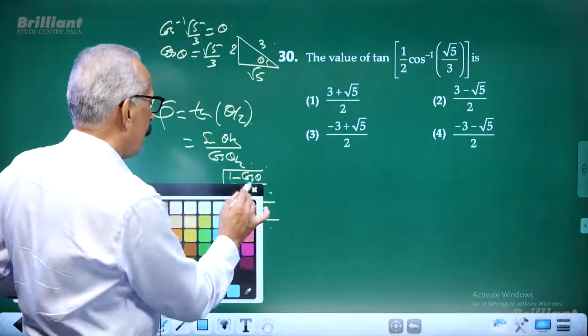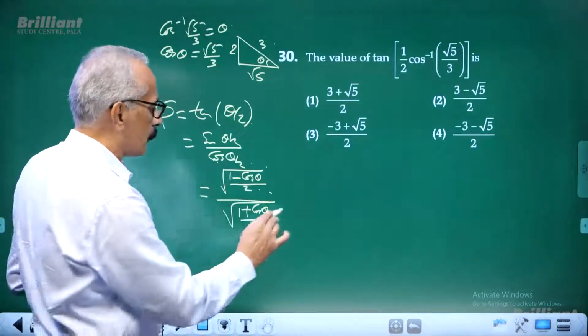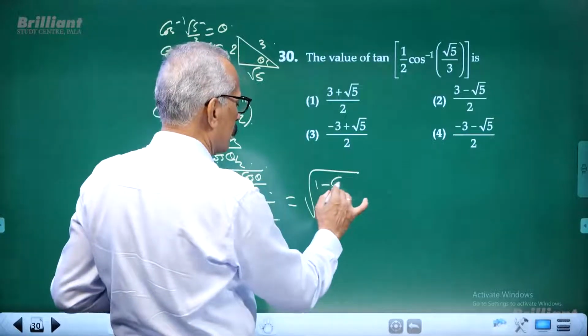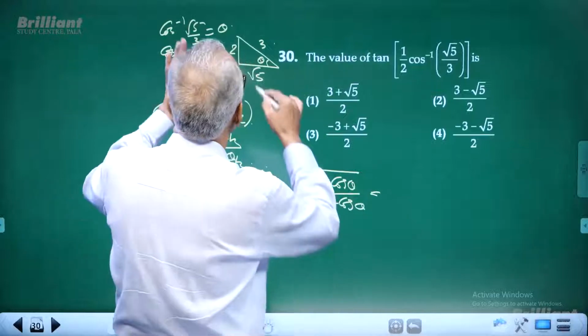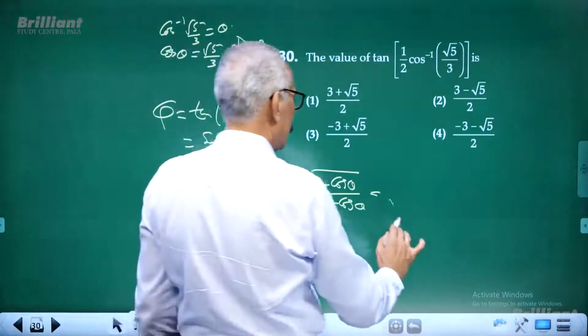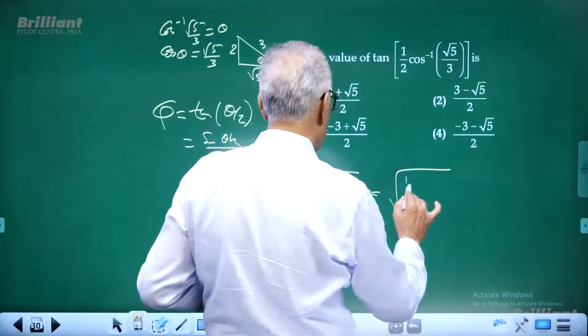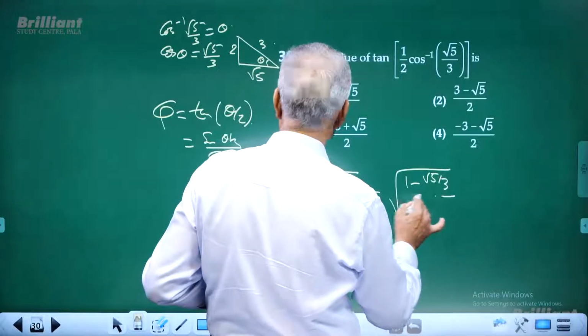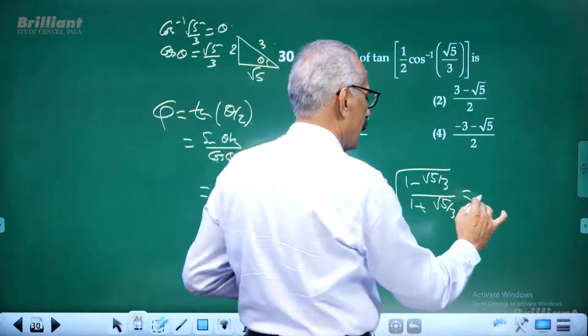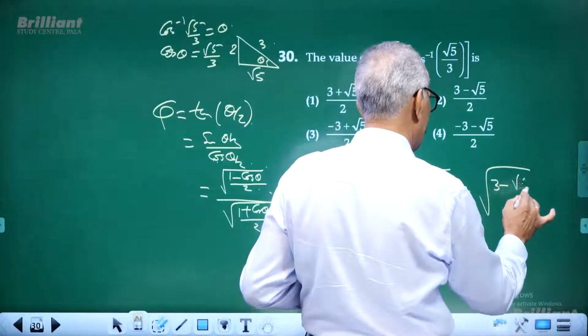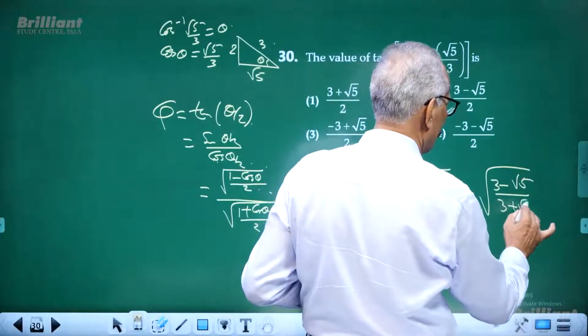So this will become root over 1 minus cos theta divided by 1 plus cos theta. Look, with cos theta, the triangle was also not necessary. That is root over 1 minus root 5 by 3 divided by 1 plus root 5 by 3. Simplify: root over 3 minus root 5 divided by 3 plus root 5.